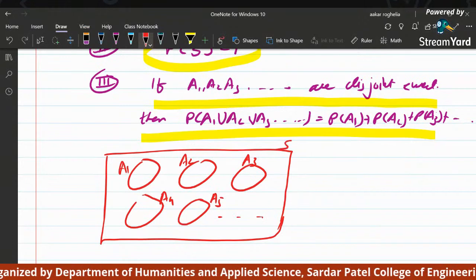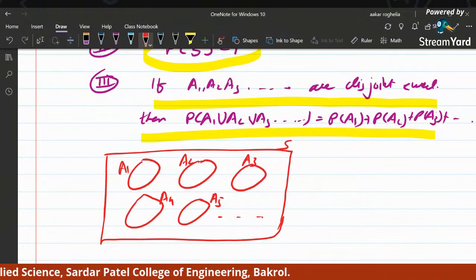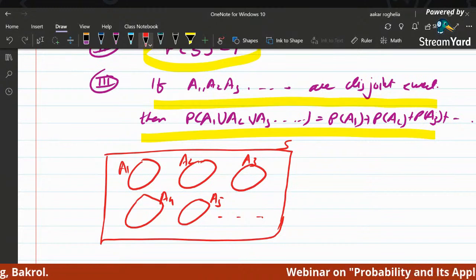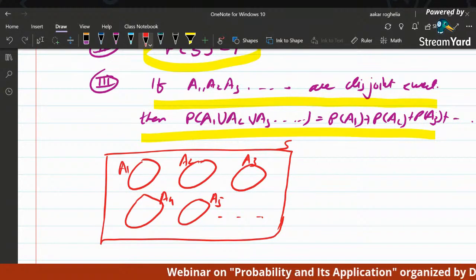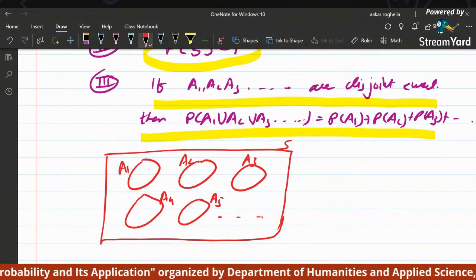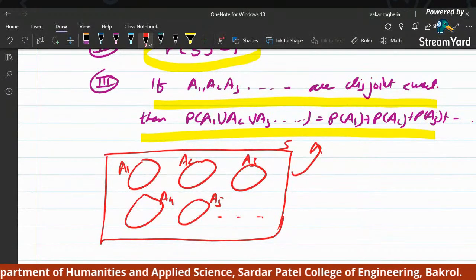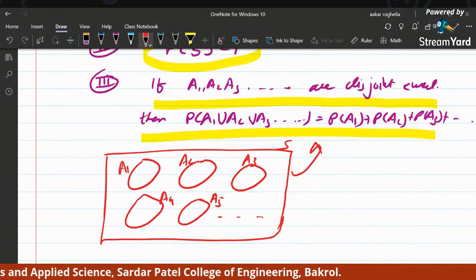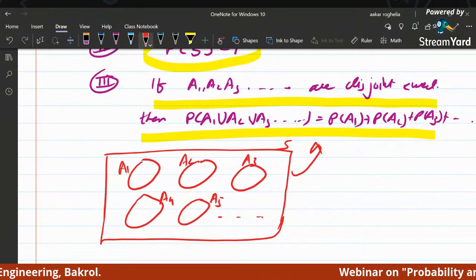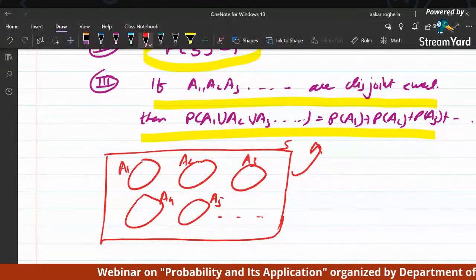So in our sample space, we have this many events. Probability is nothing but the area of each circle. When you take the union of A1 to A5, the area of the union and the summation of the areas will be the same. So that is the interesting part of axiom number 3.